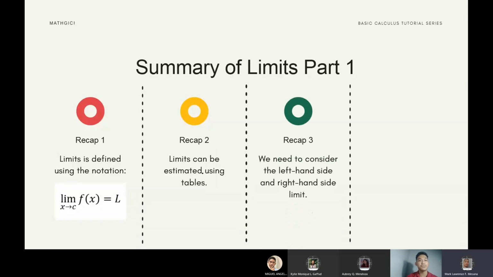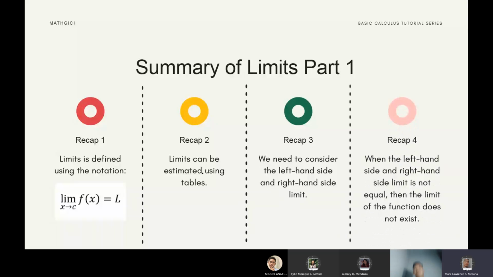Recap number three: we need to consider the left hand side and right hand side limits. We need to consider both because some examples are undefined. If we are not considering both, we cannot estimate the exact value of the limit.